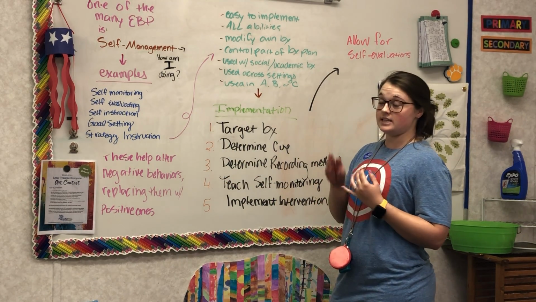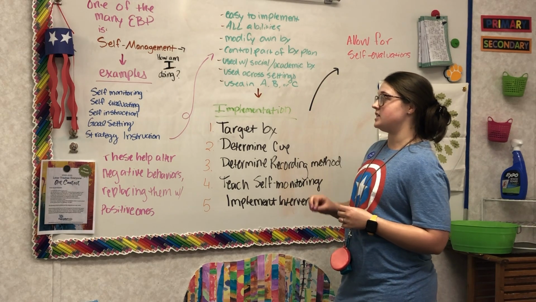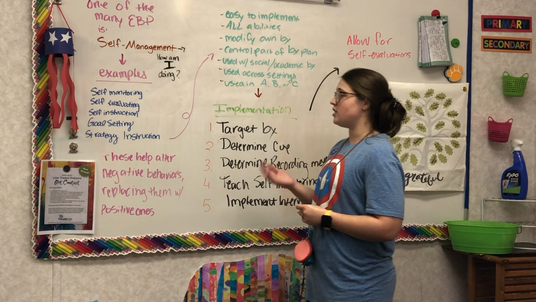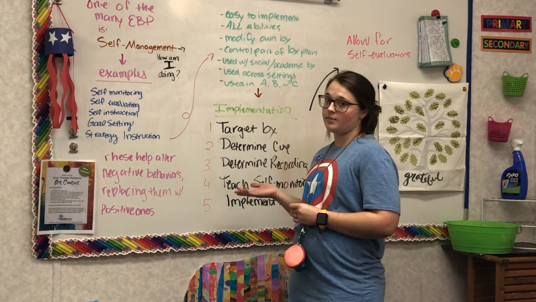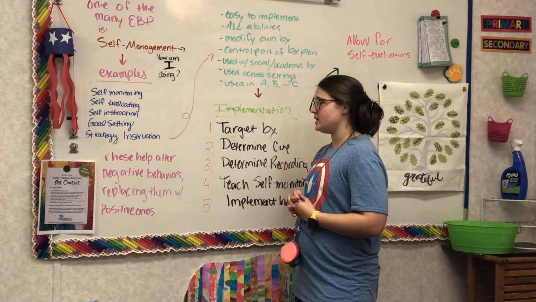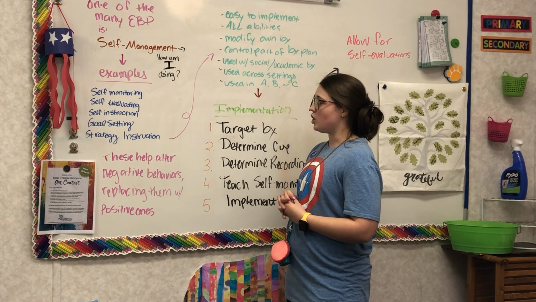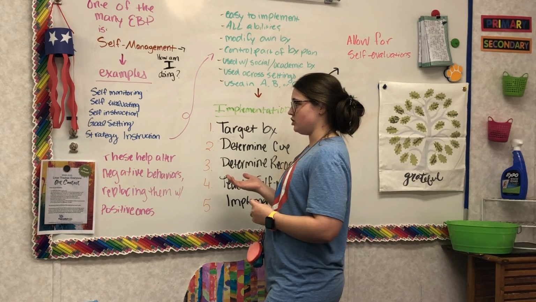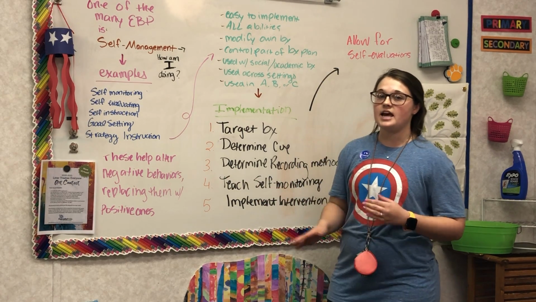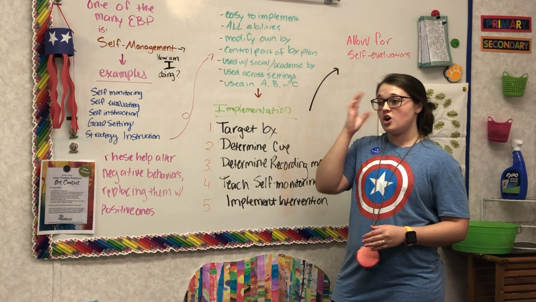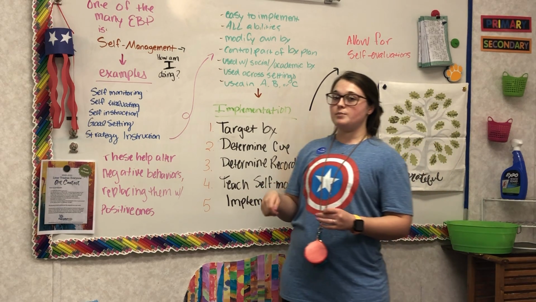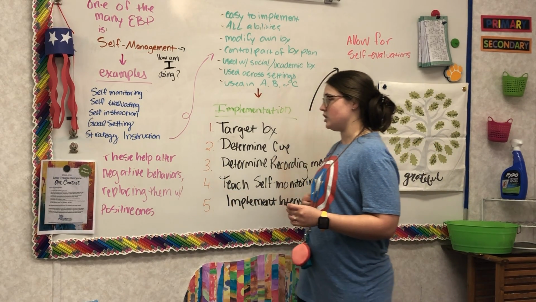Some examples of specific self-management strategies are self-monitoring, which we're going to talk a lot about, self-evaluating, self-instruction, goal setting, and strategy instruction. So a lot of that is taking a look at yourself and determining whether or not you're doing a good job. Using a scale to determine whether or not you're doing a good job.